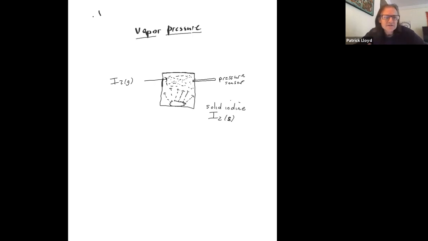Now, just again, to put it into perspective, atmospheric pressure is 1 atm. We all kind of know what that is, and that's at sea level. I forget what the atmospheric pressure of Mars is at the surface, but it's really small.